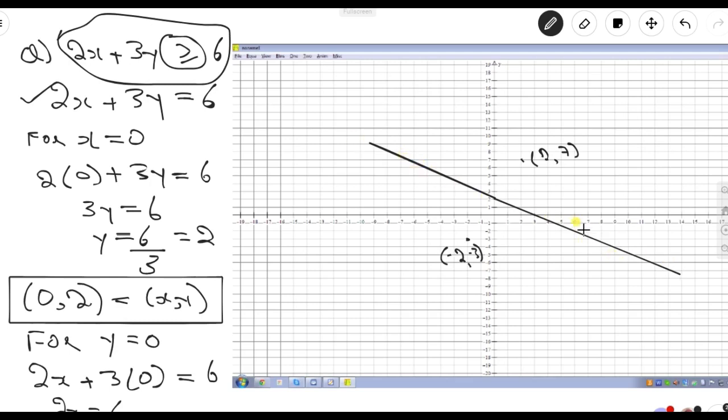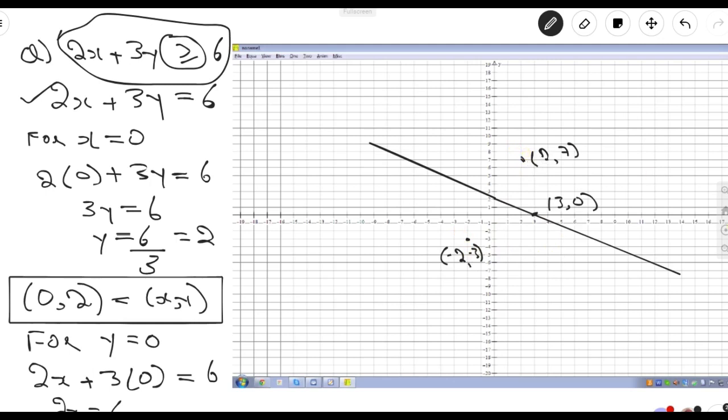So how about if I pick the intercept, this point? It's (3, 0). So now I'm having 3 test points. One point is this, another is this, another is this. I'm going to check these 3 test points and see whether each satisfies or not.